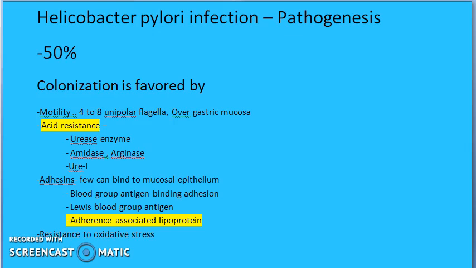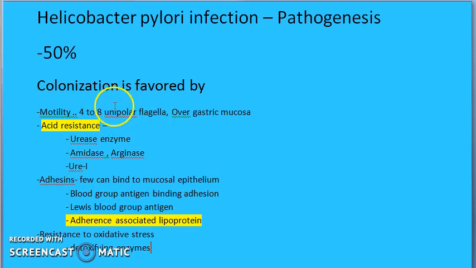It produces many detoxifying enzymes that protect against the effects of oxygen derived free radicals generated from the bacterium's own metabolism and the inflammatory defenses of the host. So basically it can protect itself from the oxygen derived free radicals which are derived from the bacteria's own metabolism.